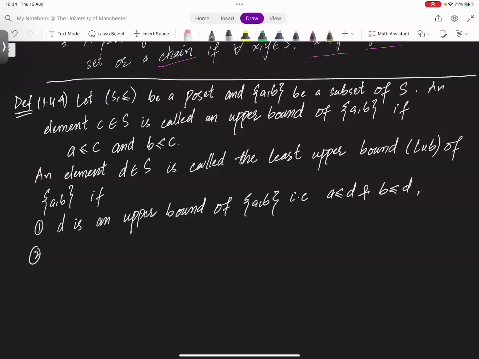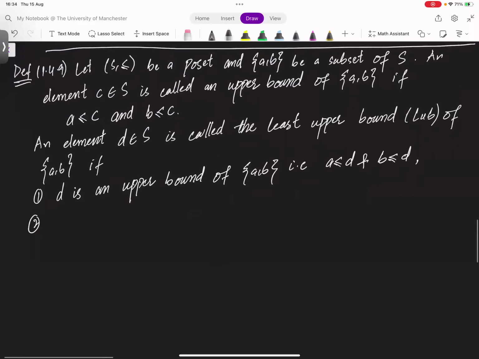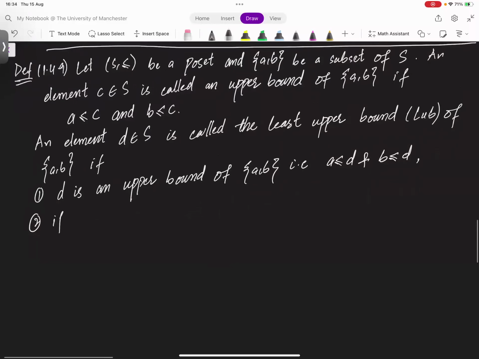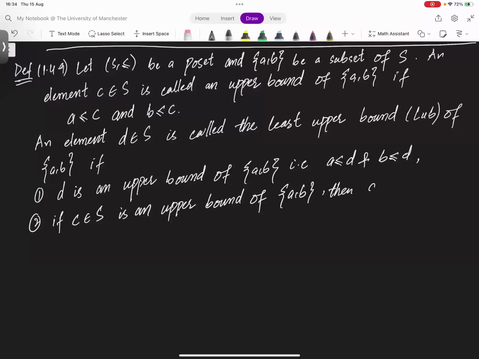Two, if C in S is an upper bound of the set {A, B}, then D should also be less than or equal to C. This is the definition for upper bound and least upper bound.